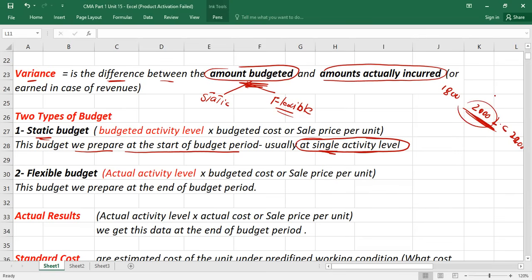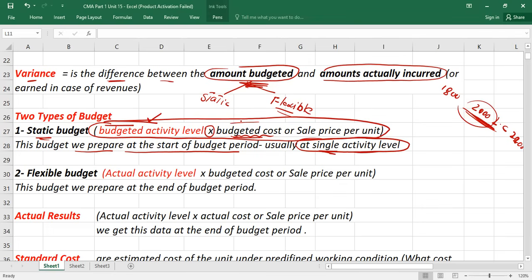So that budget is called the static budget. In simple words, this is really important, which I'm going to highlight. Whenever you produce static budgets, you will always take the budgeted activity level, meaning budgeted production or budgeted units of output, and multiply it with the budgeted cost. For example, for material cost, we take budgeted activity level multiplied by budgeted material cost. For labor cost, budgeted activity level times budgeted labor cost.